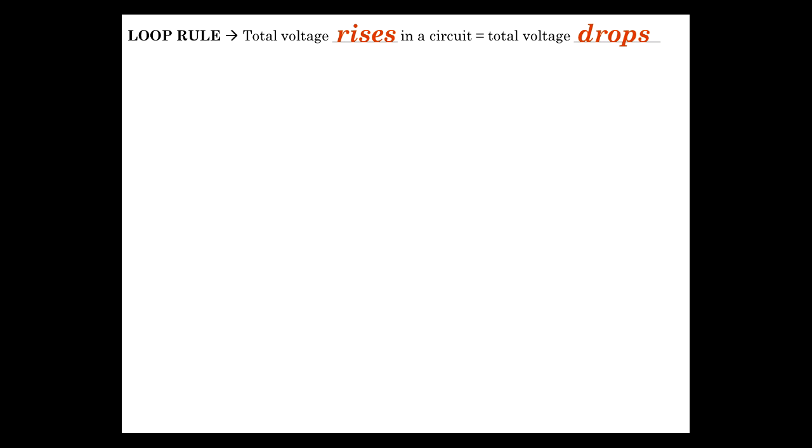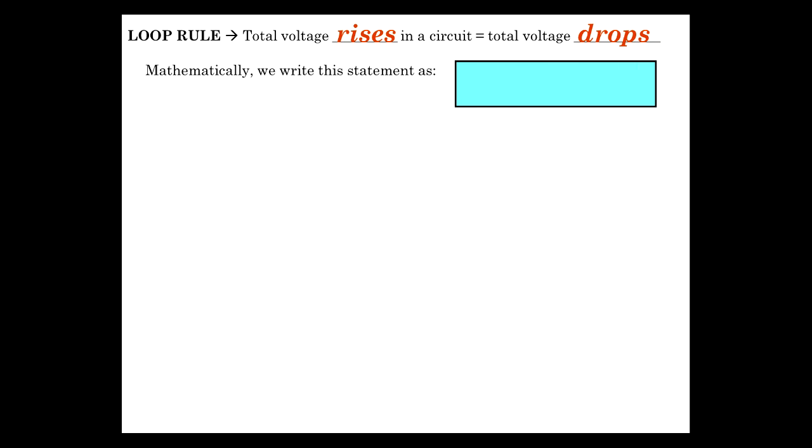So in addition to the point rule, we have what's called the loop rule. And this simply says that the total voltage that rises in a circuit is equal to the total voltage that drops.